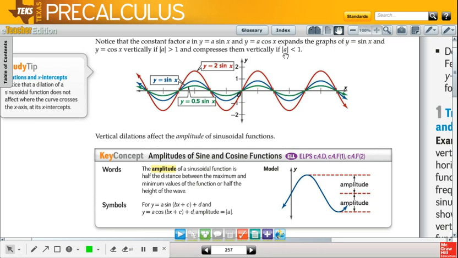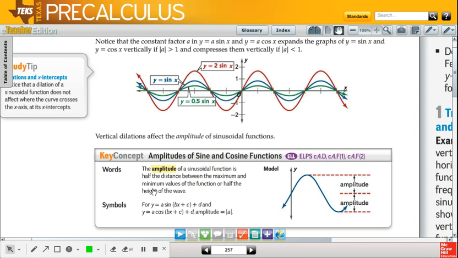Now, expansion or stretch with compression or dilation. So in here, we're going to only talk about vertical dilation. Now, they tie into the amplitudes of sine and cosine. So let's go down here and talk about the definition of amplitudes. The amplitude of a sinusoidal function is half the distance between the maximum and the minimum values of the function, or half the height of the wave.